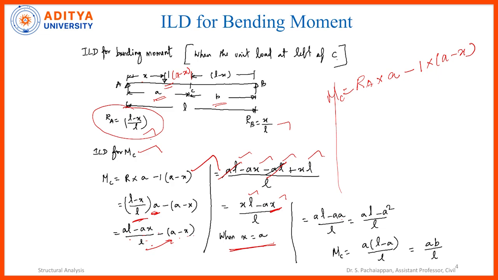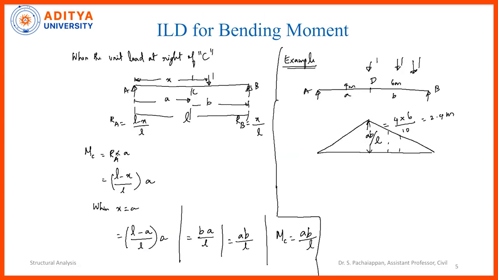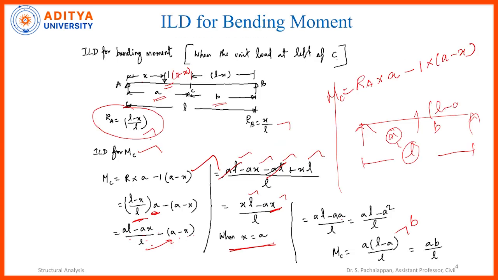Okay. So in this, I am taking A commonly outside. So it will become L minus A, and this L minus A is nothing but B. Why does L minus A become B, I will explain. So this is A and this is B, total distance is L. So total distance L minus A is the distance B. So that's what I am substituting here.